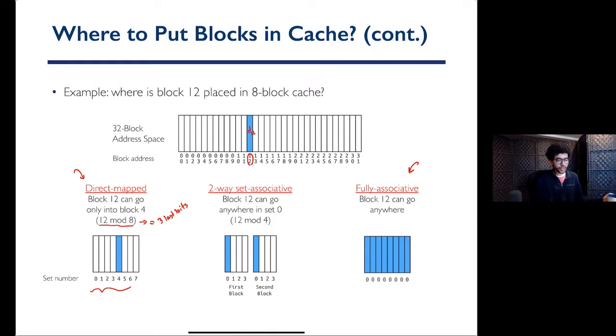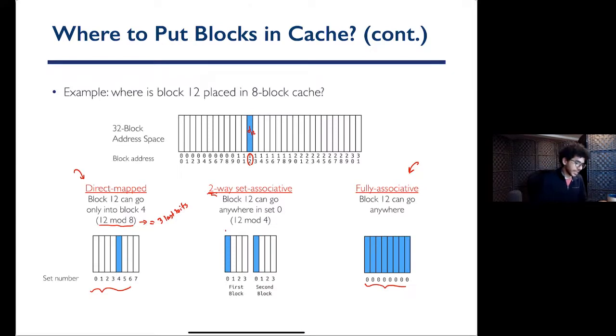With fully associative cache, it could go anywhere, right? With two-way associative cache, it means that each set has 2 blocks. So basically, I have block 0 for each set and block 1 for each set. Now, because I have 8 blocks, this means that I have 4 sets.